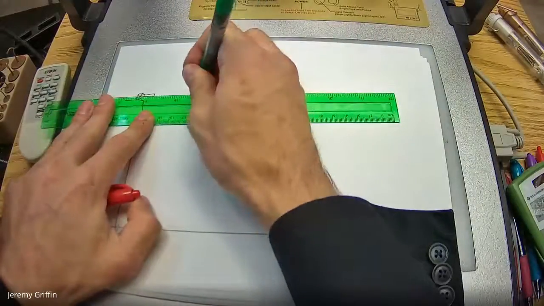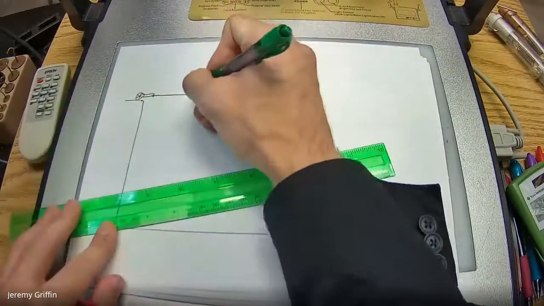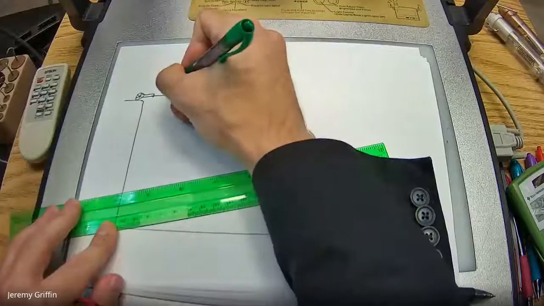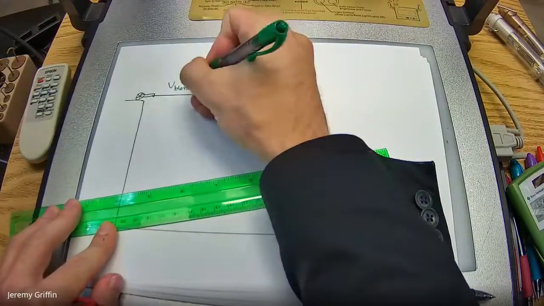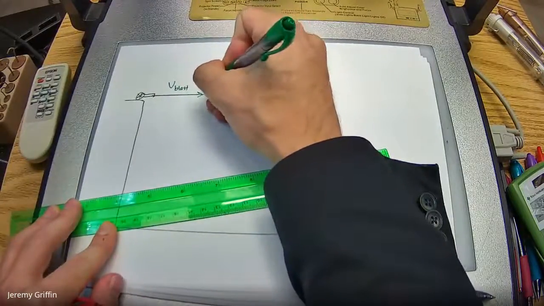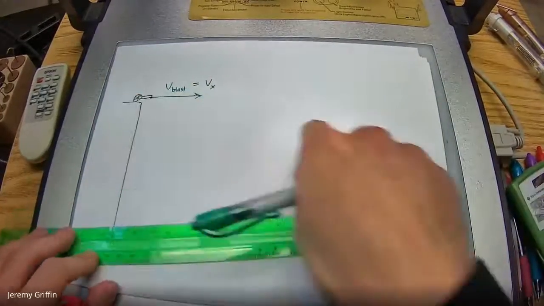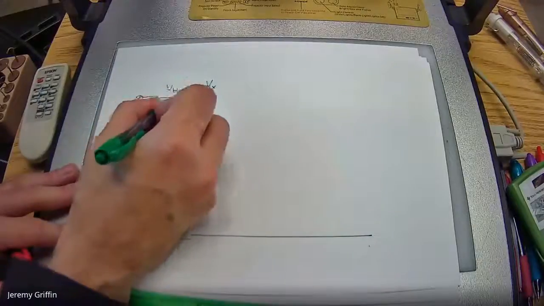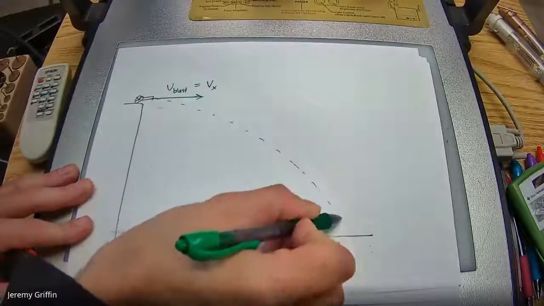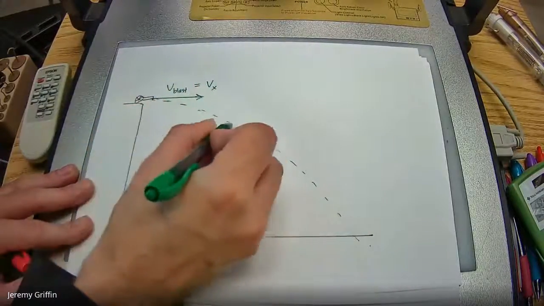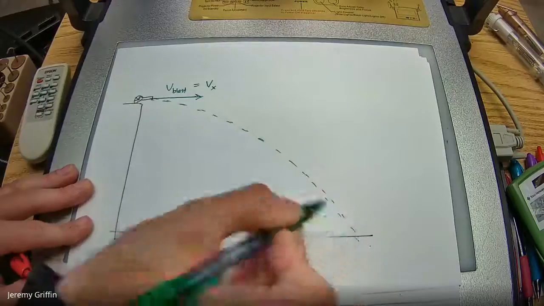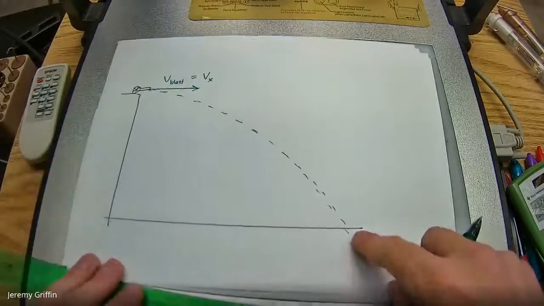We got a blast speed. I'll call it v blast, except that v blast is also equivalent to vx in this case, isn't it? Because it's just straight horizontal. That'll stay the same all the way throughout the trajectory. You guys see that parabola? Maybe we fire a few cannonballs that keep landing in the same spot.